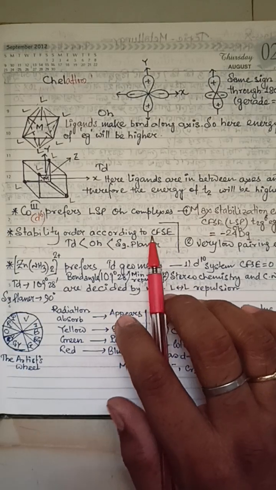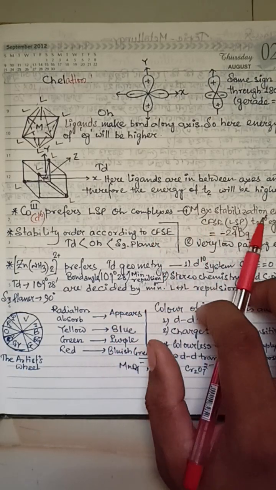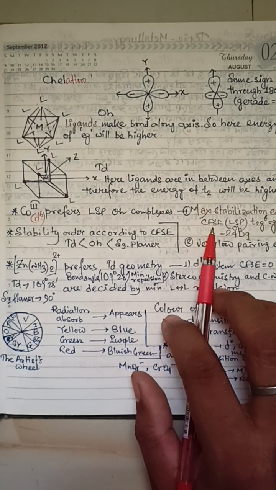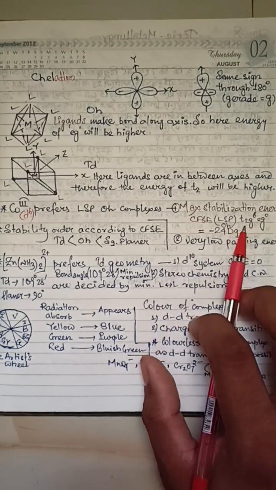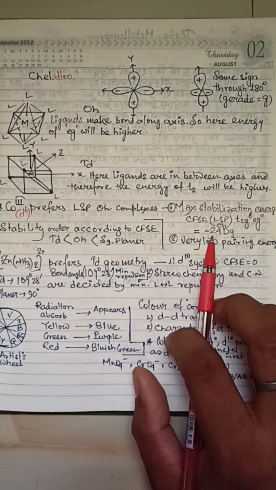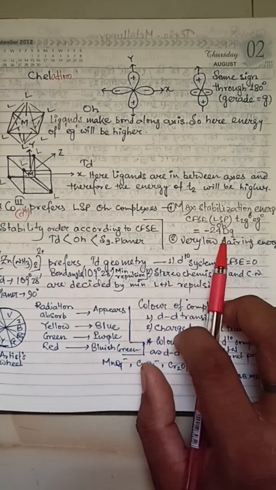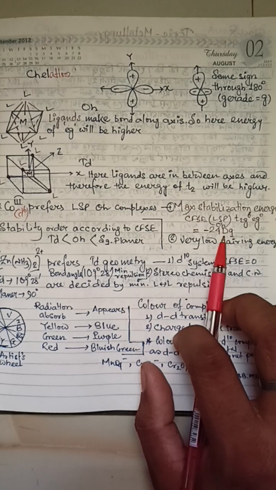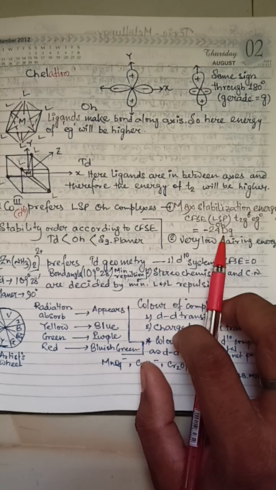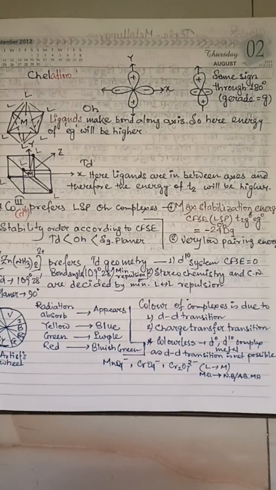Because it gives maximum stabilization energy with the CFSE value, that is t2g6 eg0, which has a value equal to minus 24 Dq with respect to the barycenter. With the highest CFSE value, the cobalt 3+ ion prefers the low spin octahedral complex because it gains maximum stabilization energy, minus 24 Dq, with respect to the barycenter.